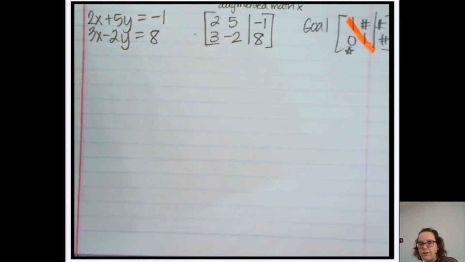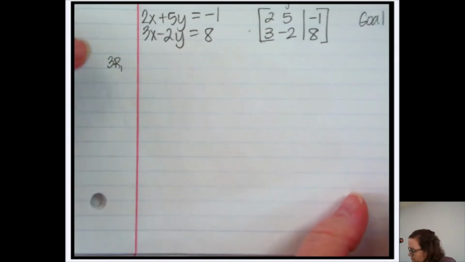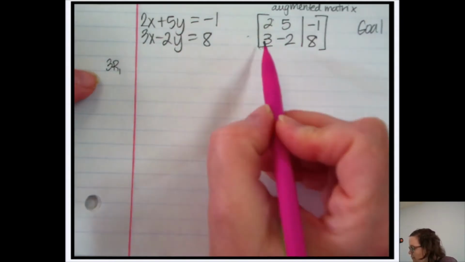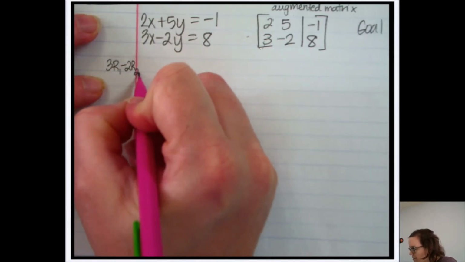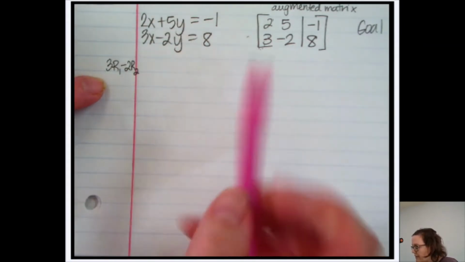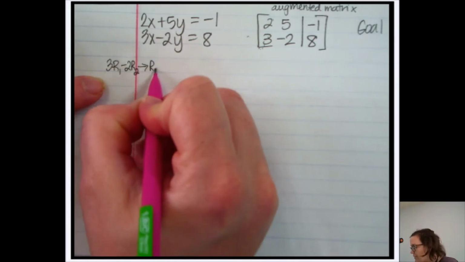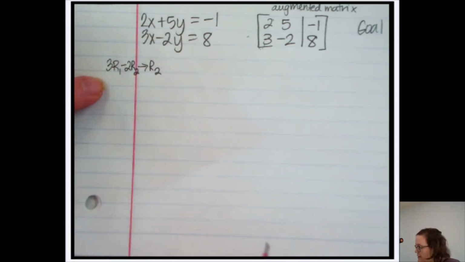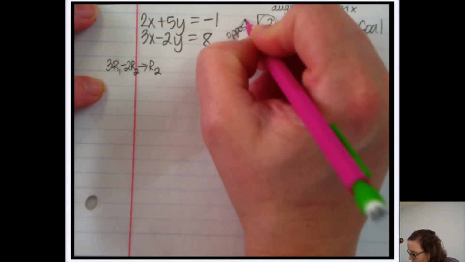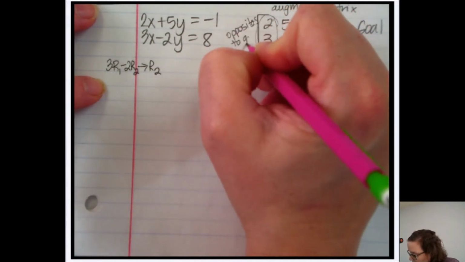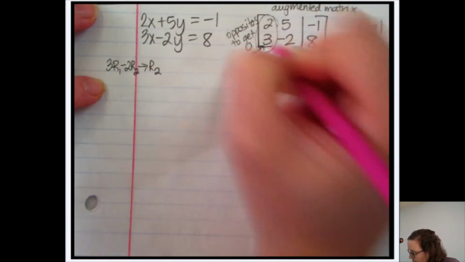So 3R1. And then I'm going to multiply the bottom by -2, and I'm going to put those together. And I'm going to replace row 2 because that's where I want that 0 at. So we want opposites here. That's our first step, opposites to get 0 right there.